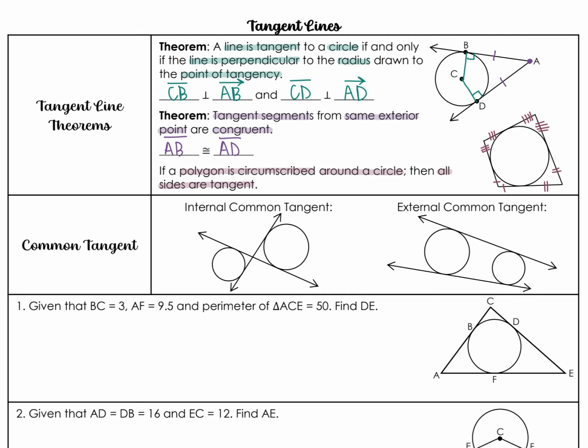Okay, noticing that the congruent segments are only coming from that exterior point to the points of tangency. The only ones I can safely assume would be congruent to each other.